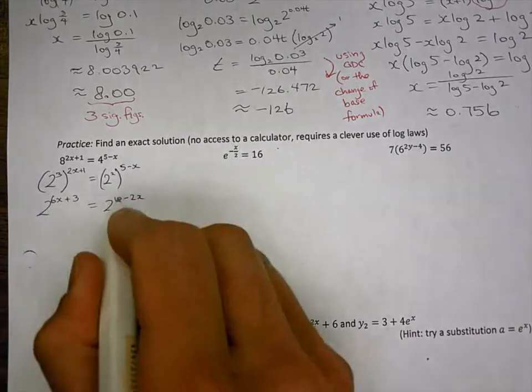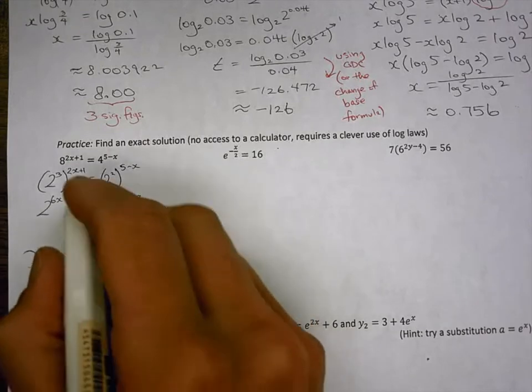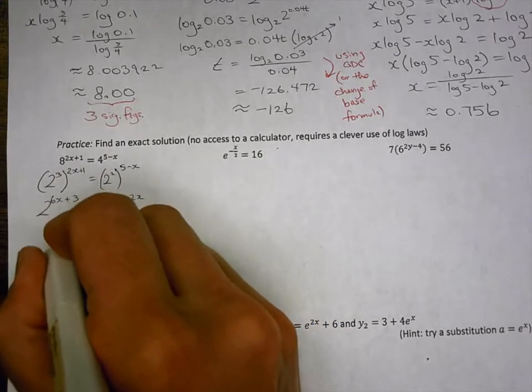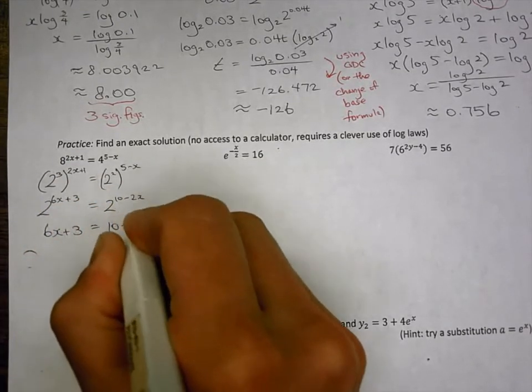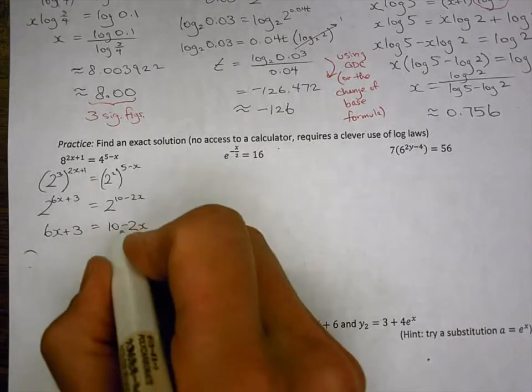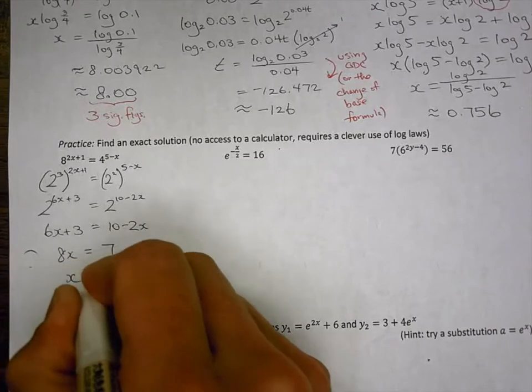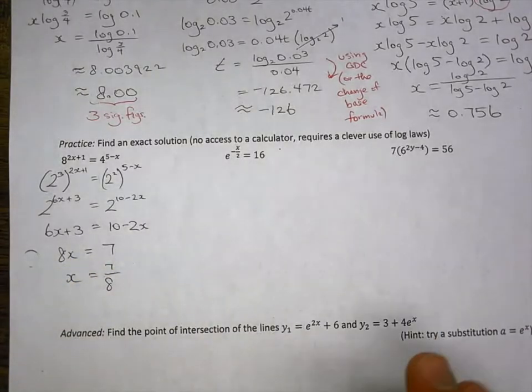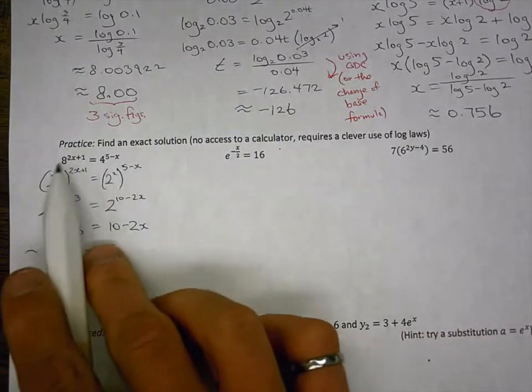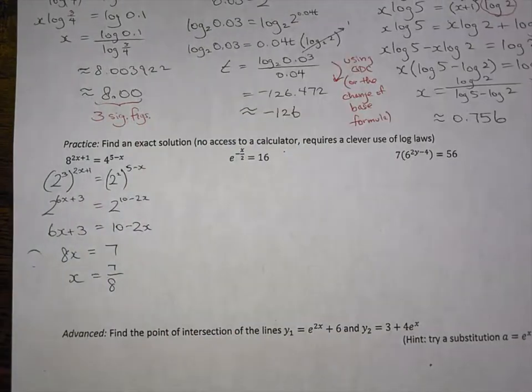Now because the bases are the same, I can set the two exponents to be equal. So I get 6x plus 3 is equal to 10 minus 2x. I bring the 2x to the other side, I get 8x is equal to 7. So x is equal to 7 over 8. Look how I had to use some clever thinking to find this solution.